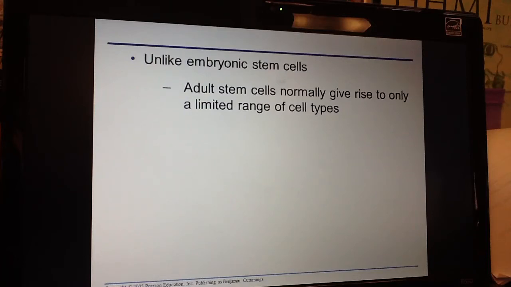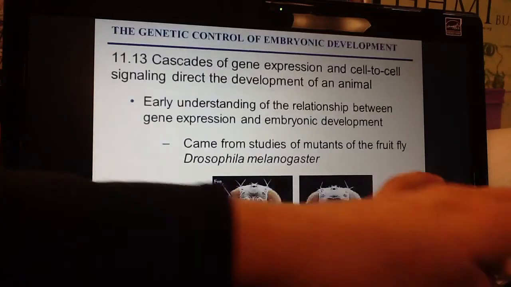So we have skin stem cells, and our adult stem cells can make more skin. Our adult stem cells can be used to repair some liver damage. They can be used to repair some minor damage that occurs over time. However, it's not unlimited possibilities.